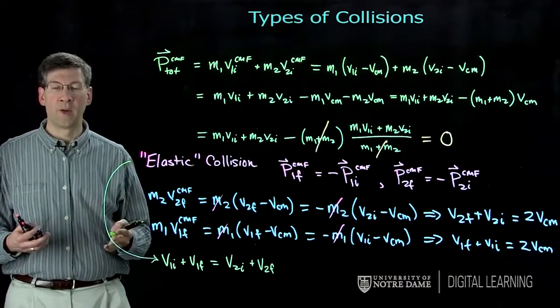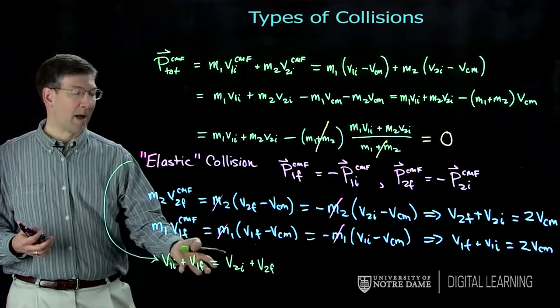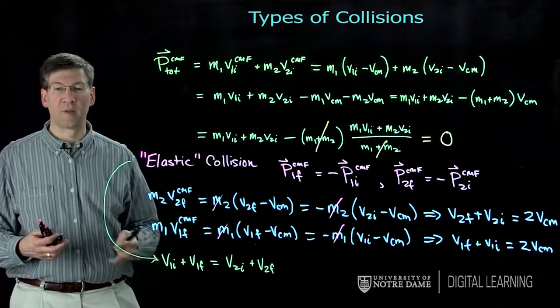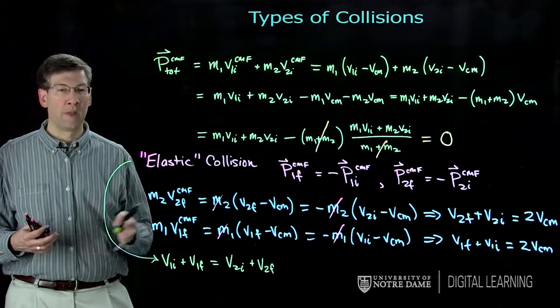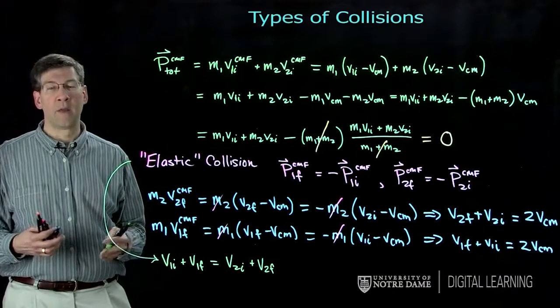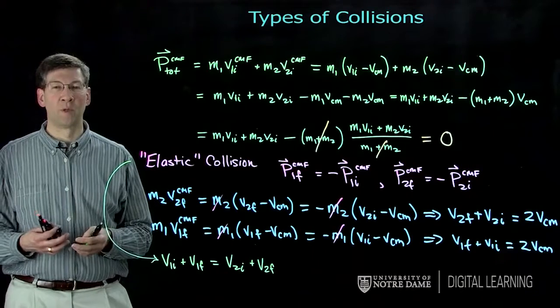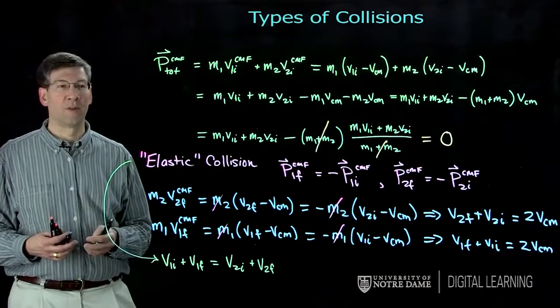And so if we define an elastic collision like that, I get this relationship between the two initial and the two final velocities for each of the objects that's not derivable in any other way, unless we go and talk about energy considerations, which is sort of beyond the scope of what we're doing here. That's another way to arrive at this conclusion.